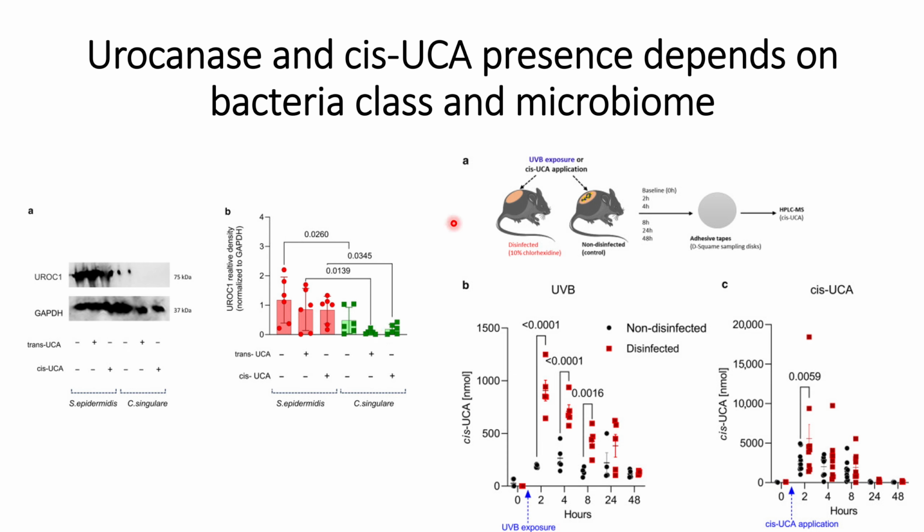Thereafter, they wanted to check whether the microbiome also has an impact on cis-UCA presence. In this case, they use the control condition. They use a disinfectant, cleaning the skin with 10% chlorhexidine, which will reduce the microbiome on the skin, and they expose these mice, the control mice and the disinfected mice, to UVP exposure and cis-UCA applications.